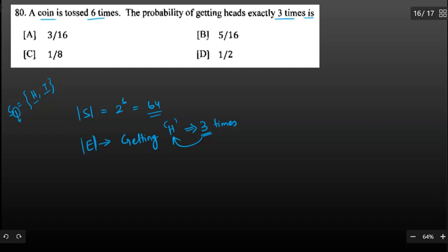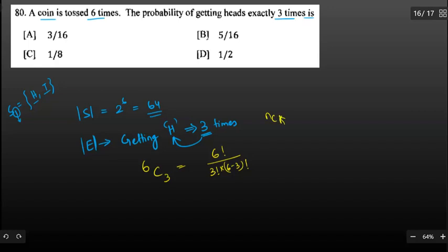So how can we determine the number? This is 6 combination 3. Out of 6, we have to choose the number of combinations of 3 tosses. So this value is, according to the formula of nCr, 6 factorial divided by 3 factorial into 6 minus 3 factorial.